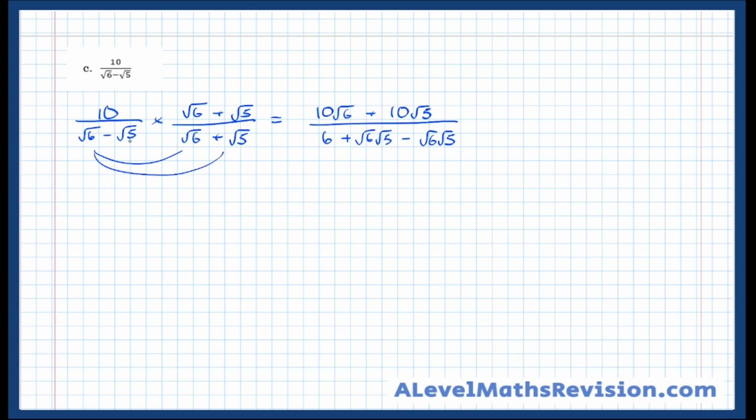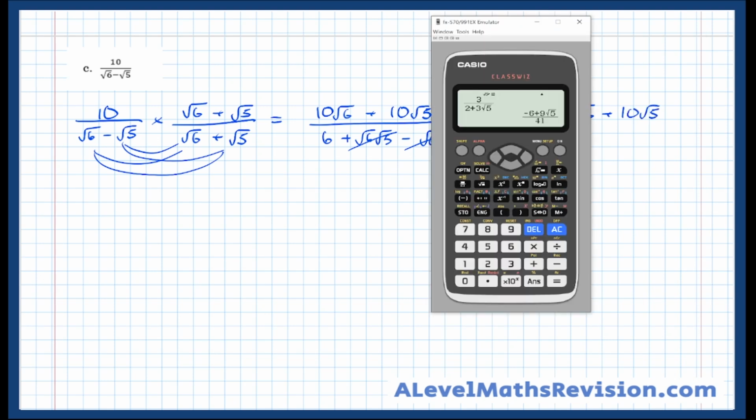So there's your plus root 6 root 5, there's your minus root 6 root 5, take 5. Well, they disappear, and 6 minus 5 is 1, leaving 10 root 6 plus 10 root 5.